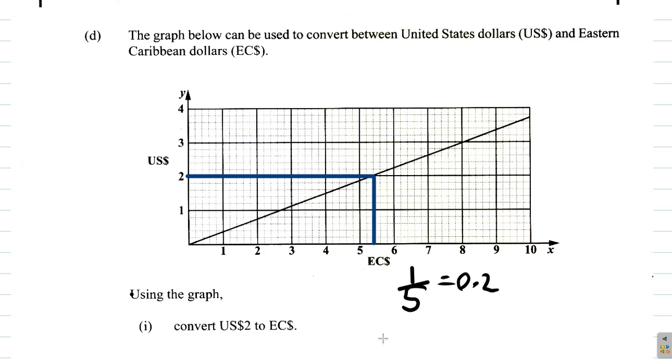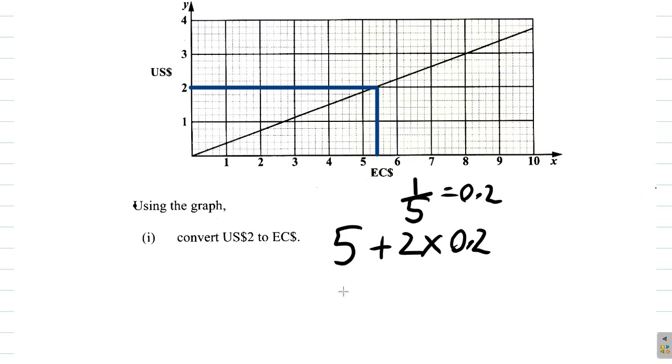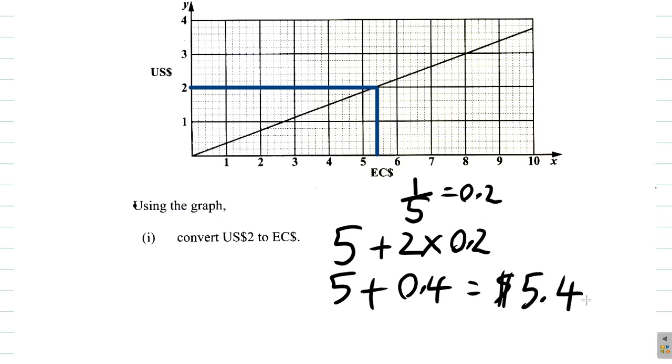So it's $5 plus 2 of the small squares. Each small square is $0.20, so it's 2 times 0.2. So you have $5 plus 2 times 0.2, which is 0.4, which is 5.4. $5.40 Eastern Caribbean.